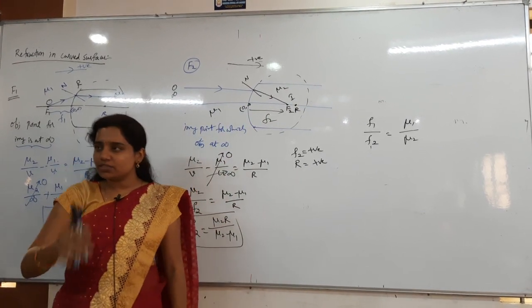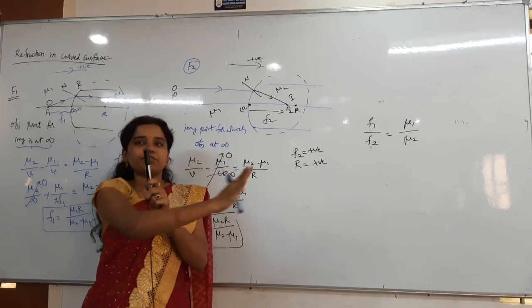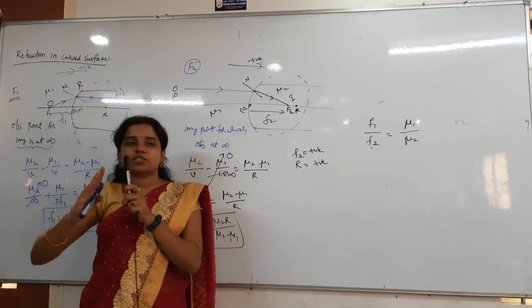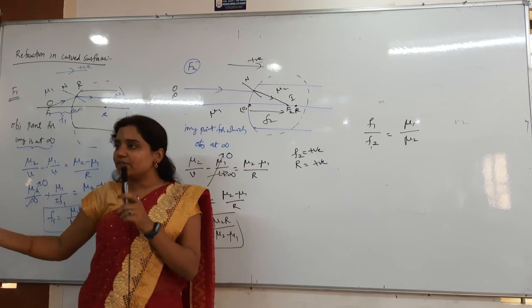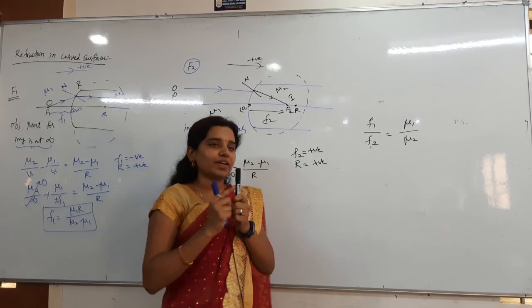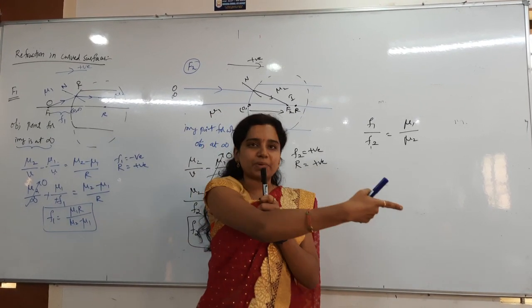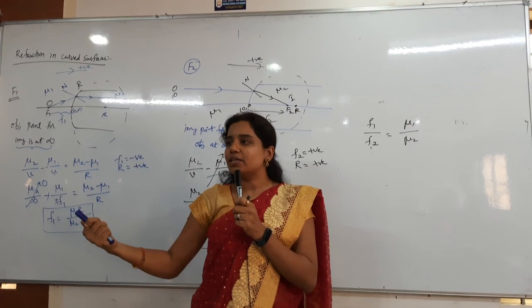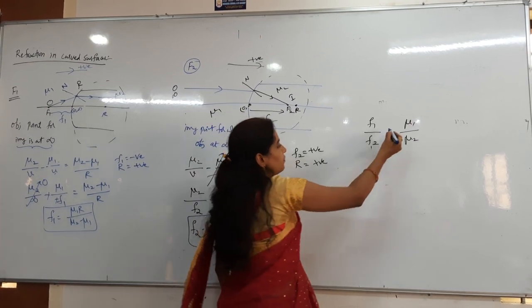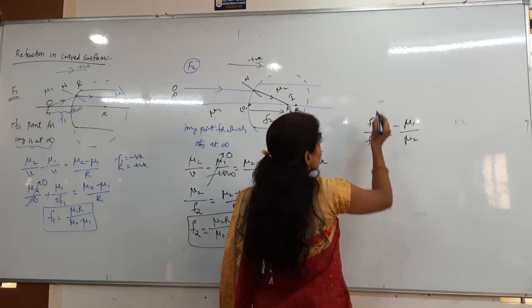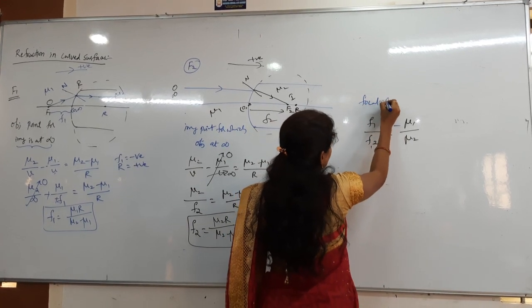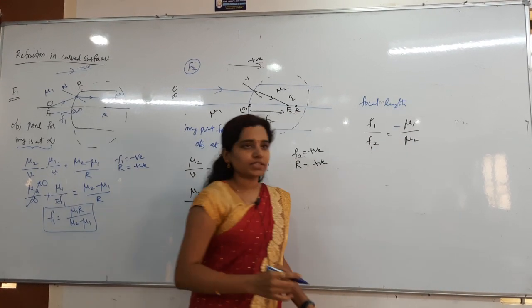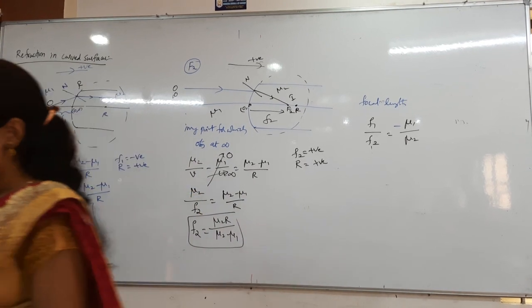The origin is in the middle. This is F2, this one is F1. One is on the positive x-axis, another is on the negative x-axis. So from the pole, whenever I am measuring, I take this as plus F2, this one as minus F1. So the focal length ratio is minus mu1 by mu2. Clear concept? Yes, sir. Yes, write that.